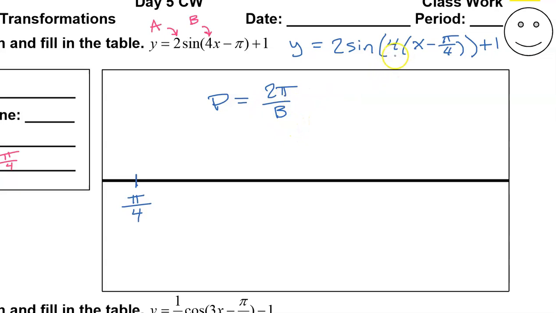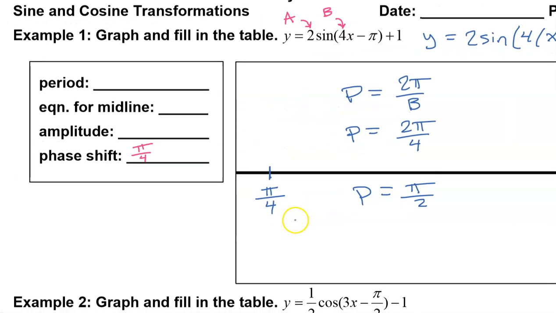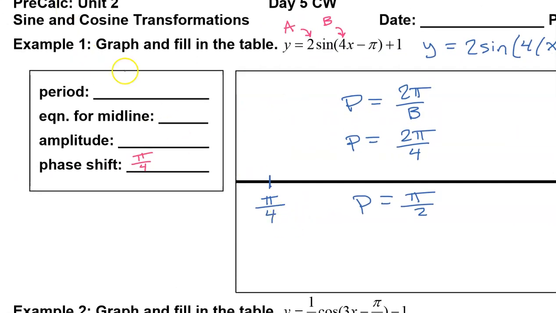So in this case, the b value is 4. So that means that the period is going to be 2 pi over 4. So that's going to simplify down to a period of pi over 2. So that's one of the things that we are supposed to write down. So the period is pi over 2.